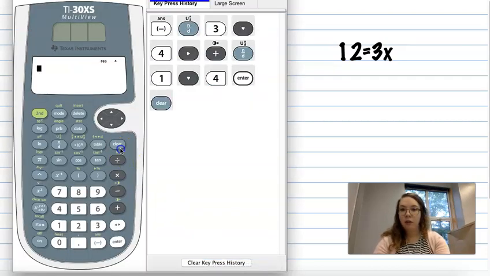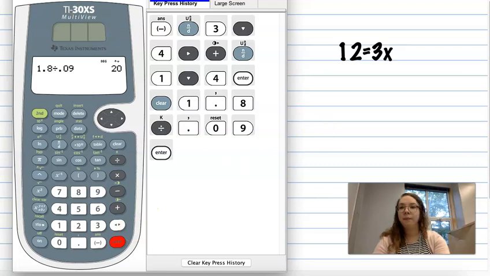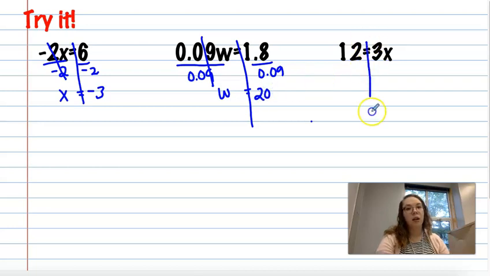If you need to, use a calculator. $20. And then last one, we're dividing by 3. 12 divided by 3 is 4.